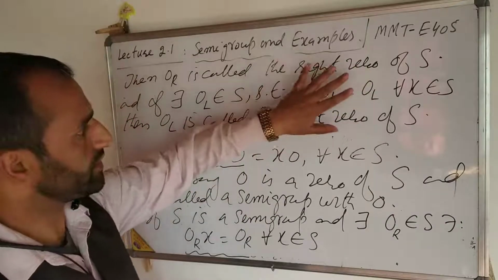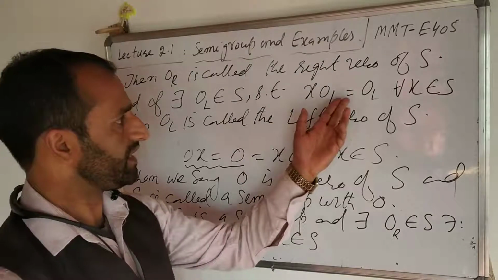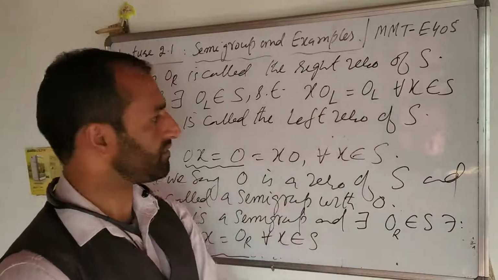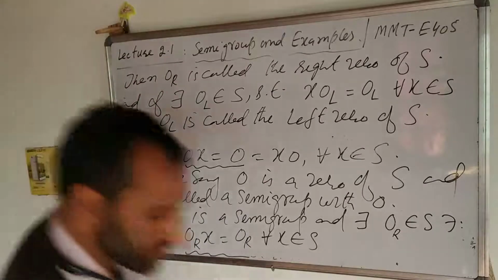It will kill the elements which are on the right hand side of it. Then such an element is called the left 0 of a semigroup.